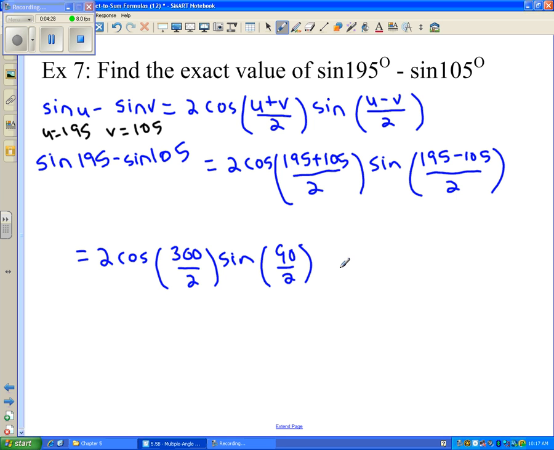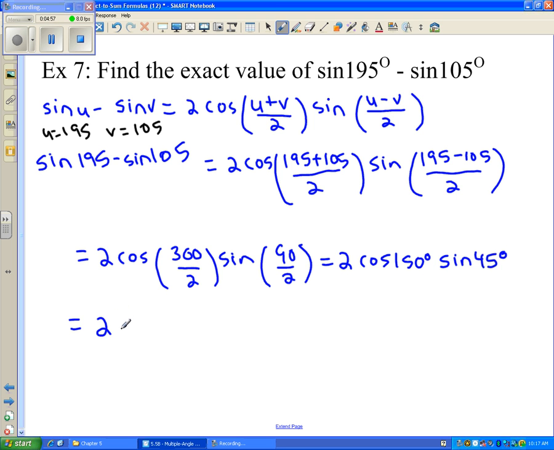Rewriting one more time, I get 2 cosine 150 degrees sine of 45 degrees. So just like I hoped, these two angles are on my unit circle. Now I can substitute the cosine of 150 degrees and the sine of 45 degrees to get my final answer.